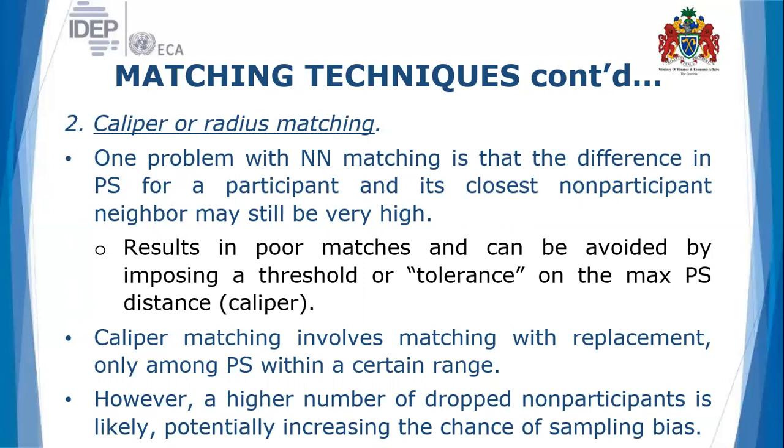Caliper matching involves matching with replacement only among propensity scores within a certain range. However, a higher number of dropped non-participants is very likely, which can potentially increase the chance of sampling bias.